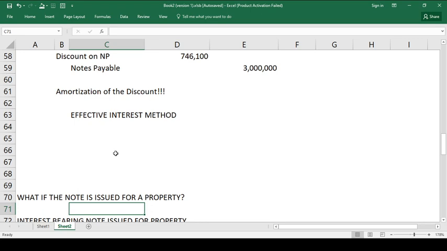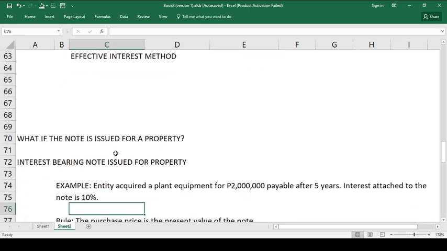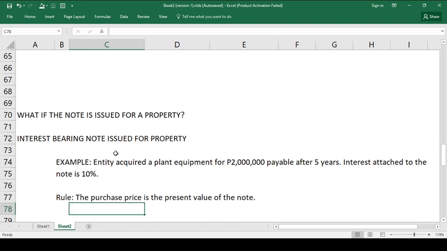Okay. So, what if the note is issued for a property? Yung kaninang dinidiscuss natin, issuance of note for cash. Dito, what if the note is issued for a property? So, for an interest-bearing note issued for property, the rule is that the purchase price is the present value of the note.